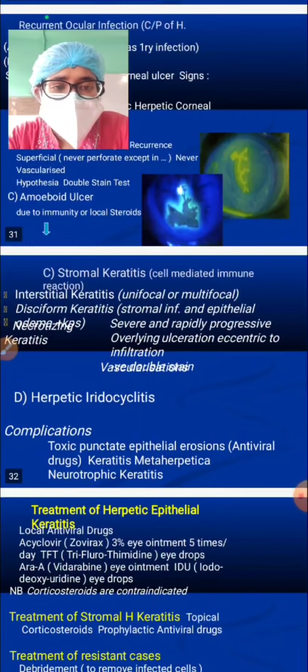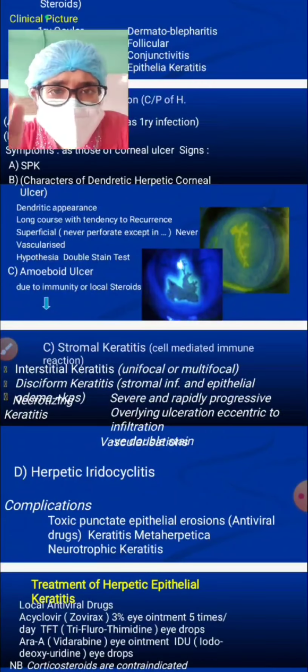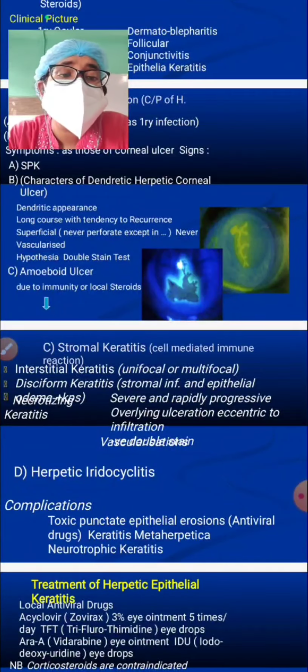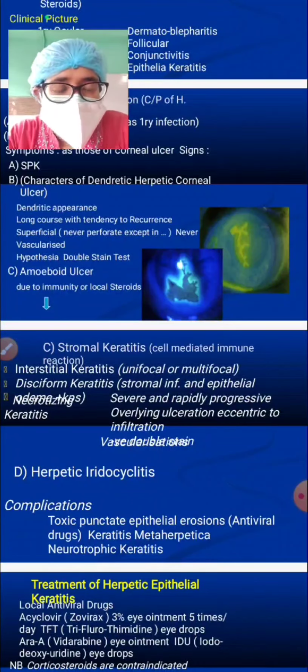Now, what you need to know basically is that dendritic, geographic, and superficial punctate keratitis involve the epithelium.